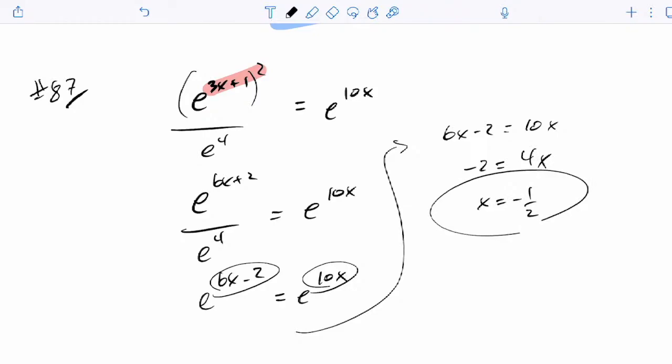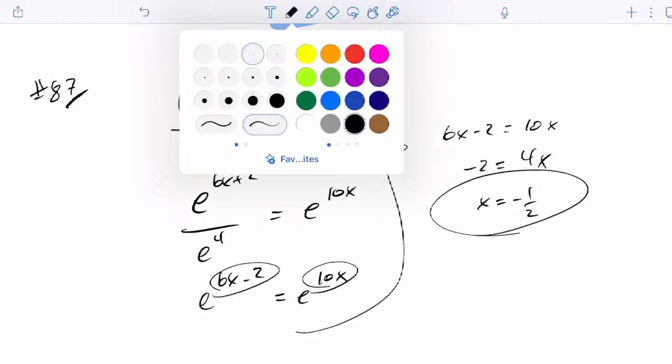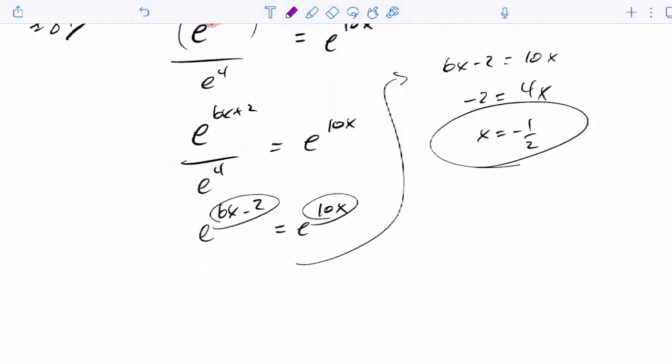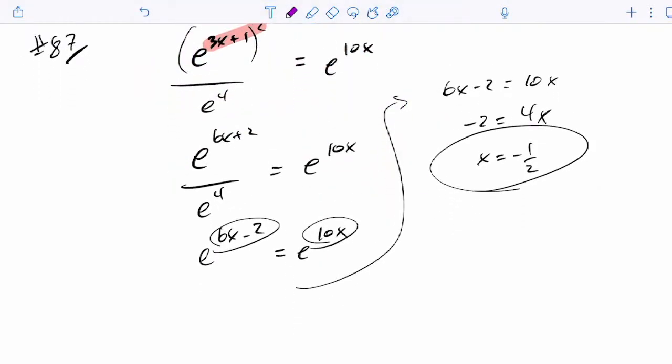Sure, Michael. So there's that one, Tareem. That's minus a half. Page 349, 34.